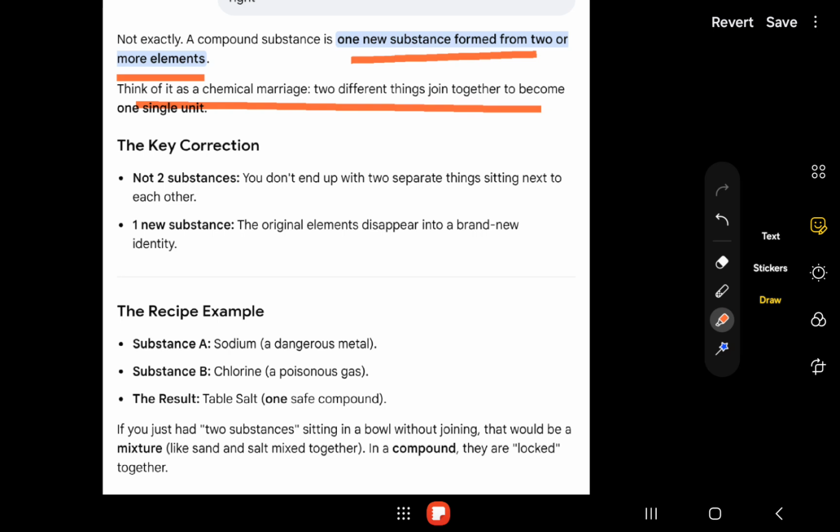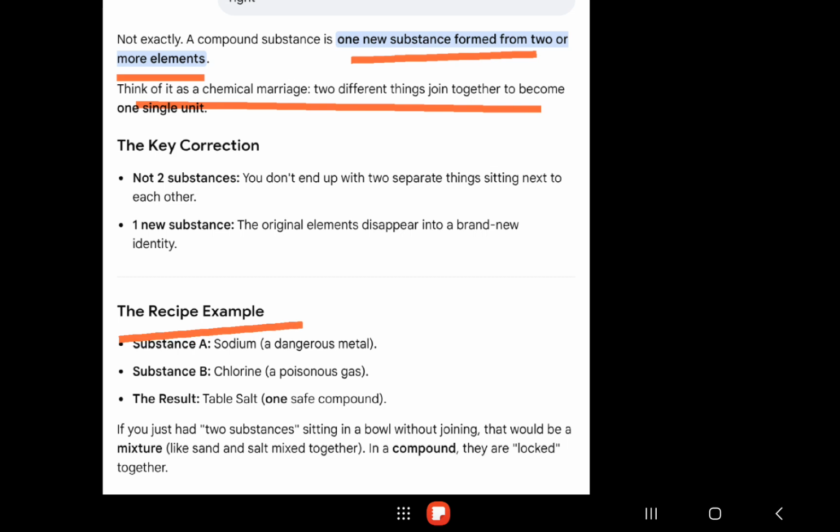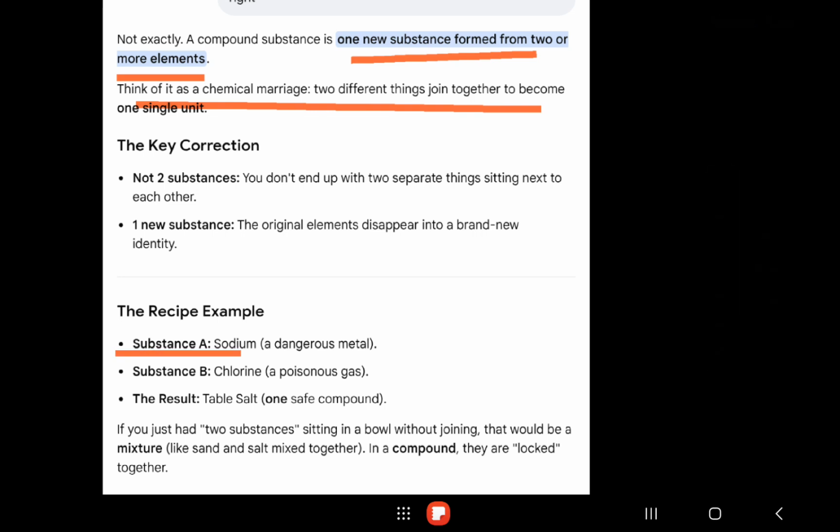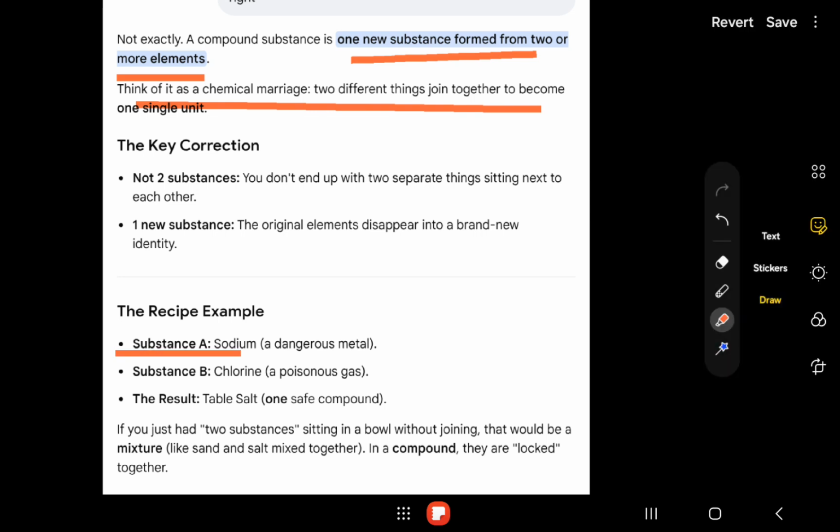So here they give examples. The recipe example. Substance A, sodium, a dangerous metal. Substance B, chlorine, a poisonous gas.